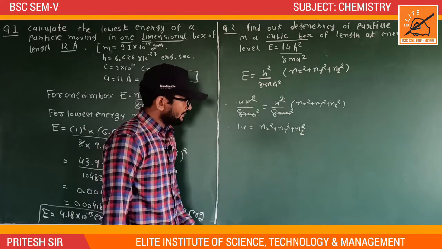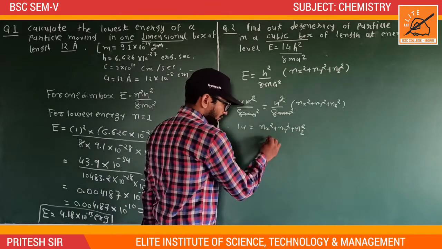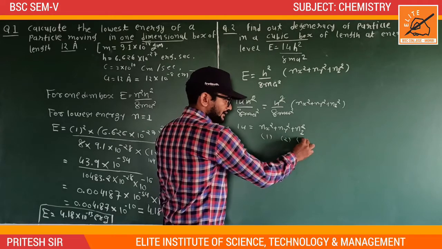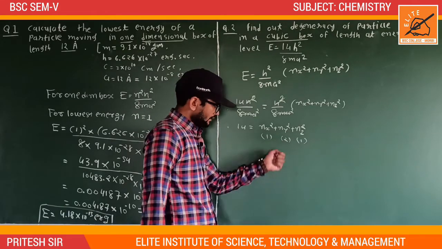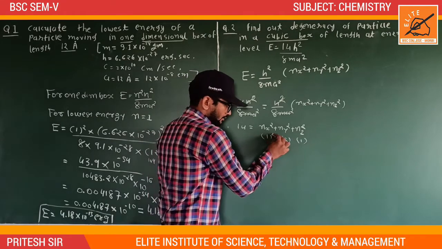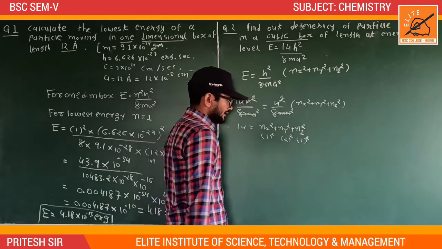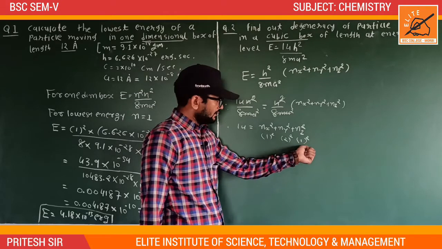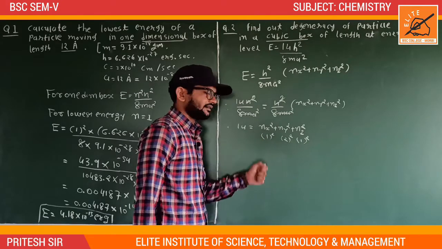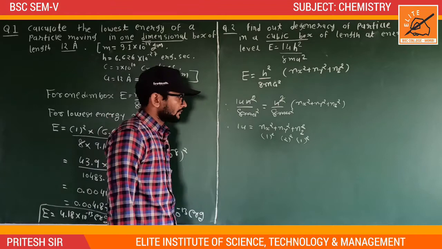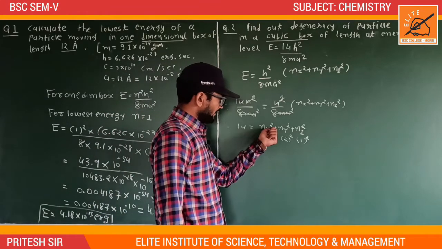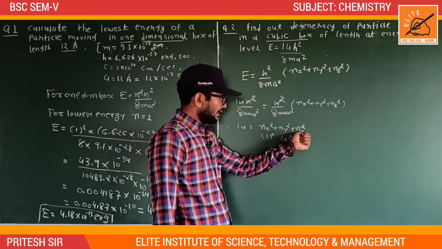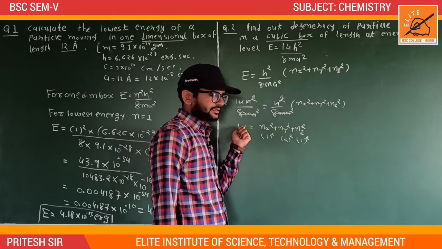If I put nx is equal to 1, ny is equal to 2 and nz is equal to 1, then 1 square plus 2 square plus 1 square, it means 1 plus 4 plus 1 is equal to 6, so it is also not acceptable. So which values of nx, ny and nz satisfy this equation?